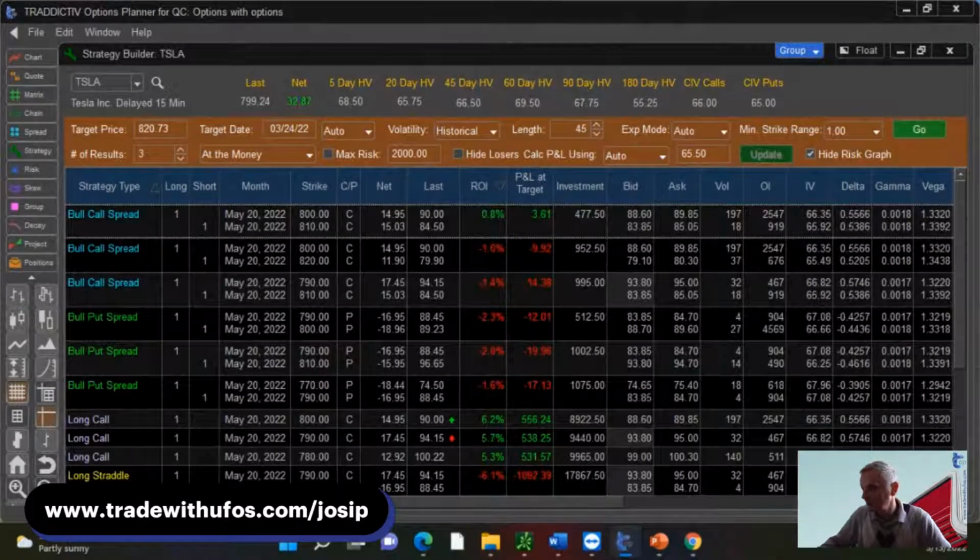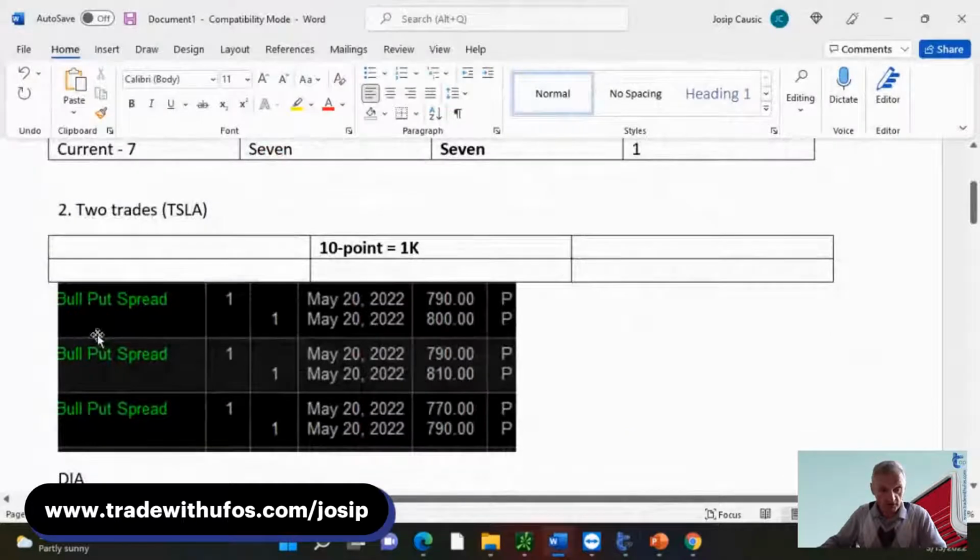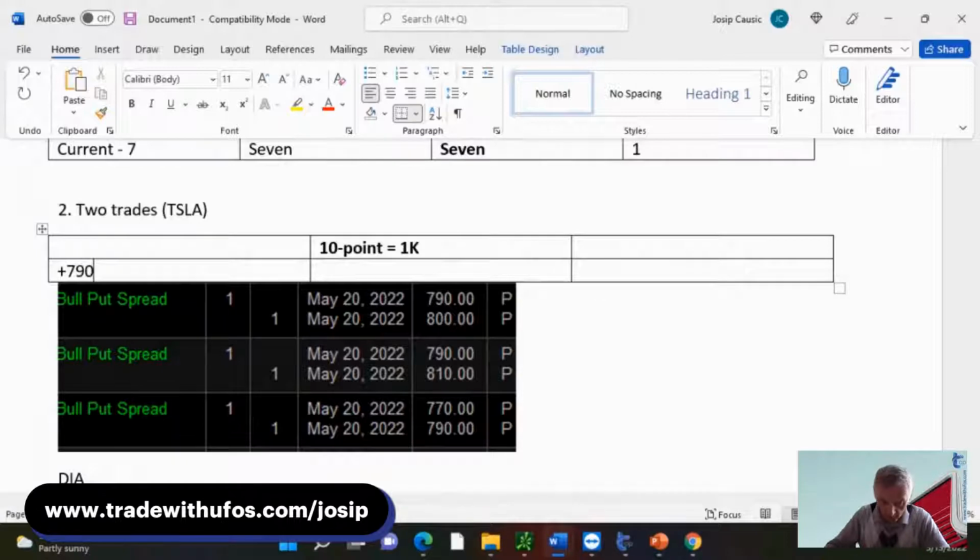So now when we are over here in our section, I can just go quickly through it. Okay, so the 10 point wide would be the one that involves 790 and 800. So always buying is the lower one, selling is the higher one. So that's a 10 point wide.